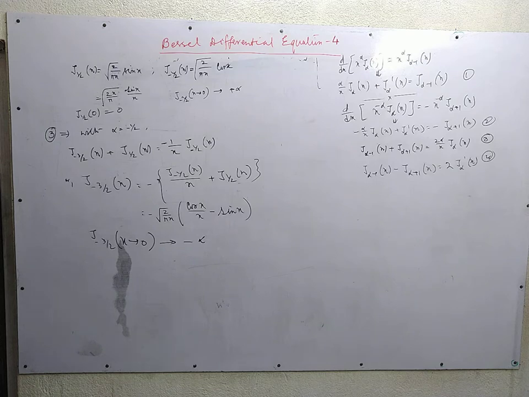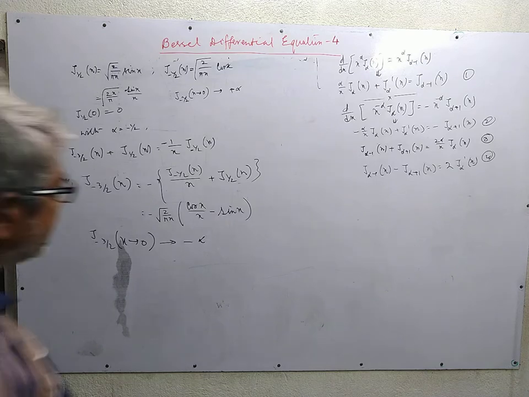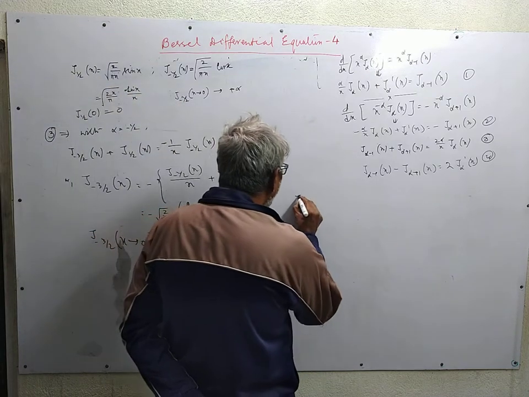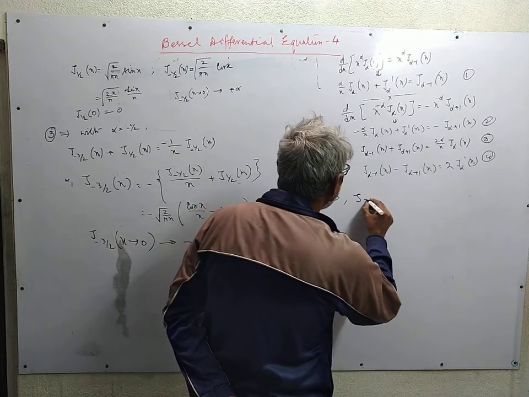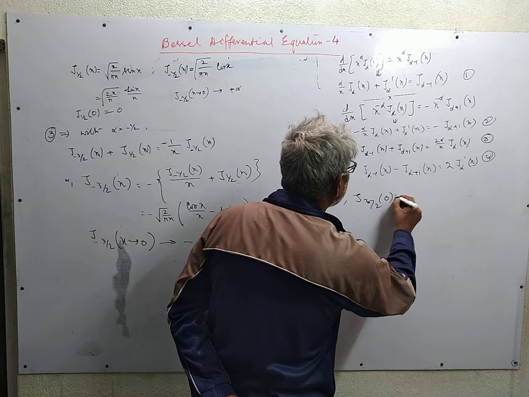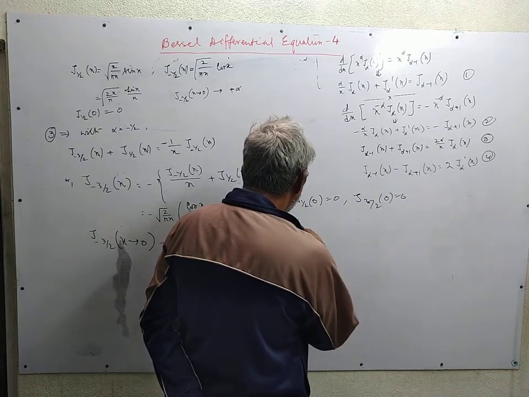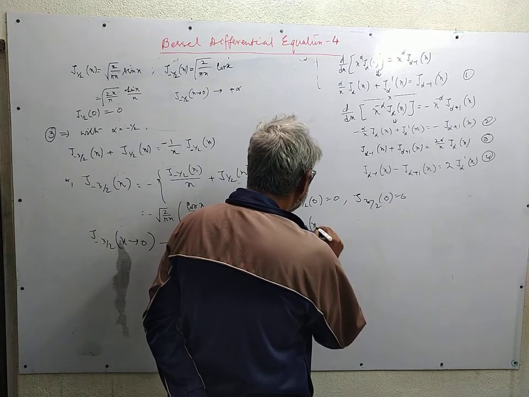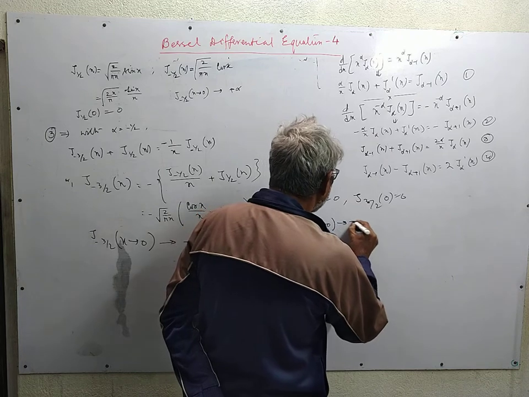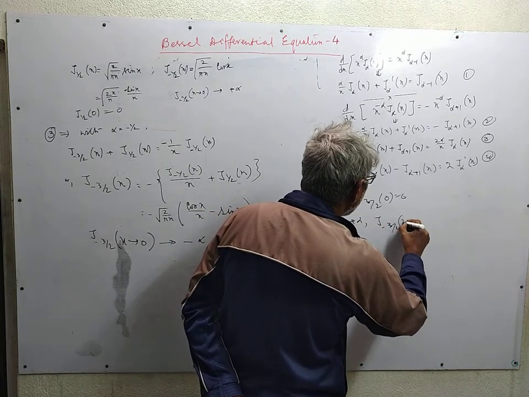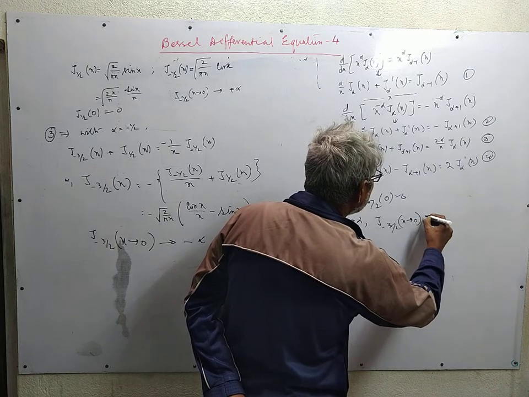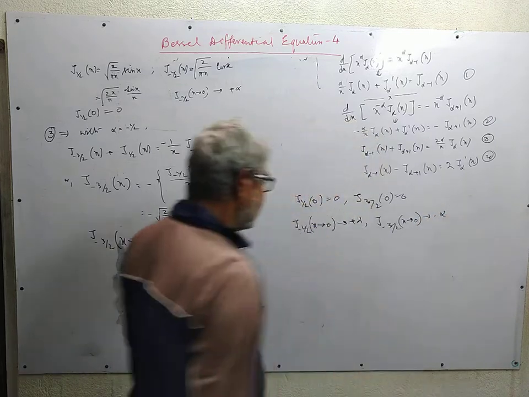So from this discussion we see that j of half at 0 is 0, j of 3 by 2 at 0 is 0, j of minus half as x tends to 0 tends to plus infinity, and j of minus 3 by 2 tends to minus infinity.